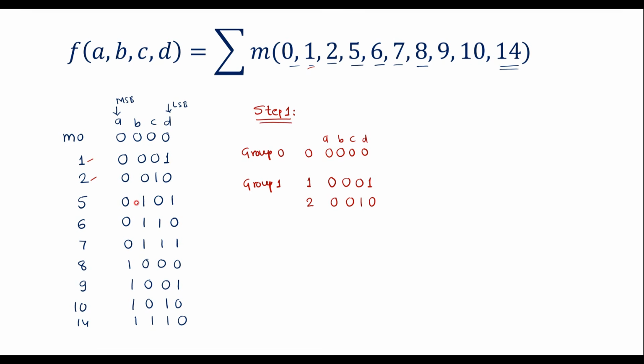In 5 the number of ones is 2, and in 7 it is 3. Then 8 has a single 1, so I put 8 in group 1: 1, 0, 0, 0. In 9 we have 2 ones, in 10 we have 2 ones, and in 14 we have 3 ones. So group 1 is completed. After each group I will put a horizontal line like this.